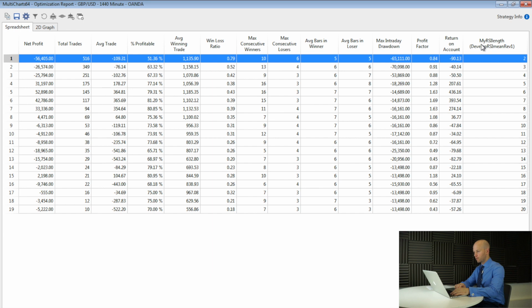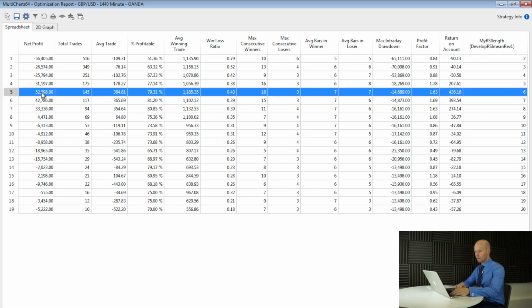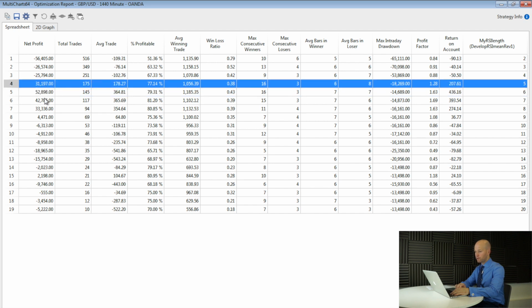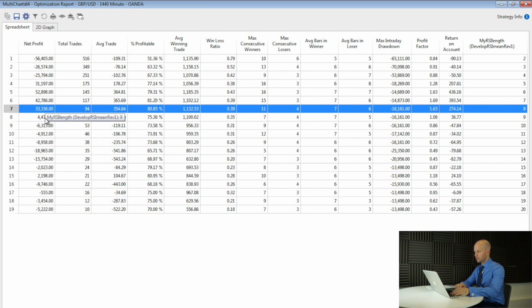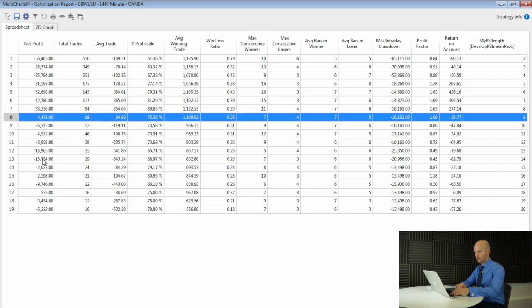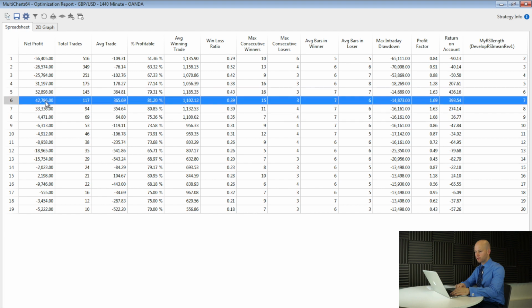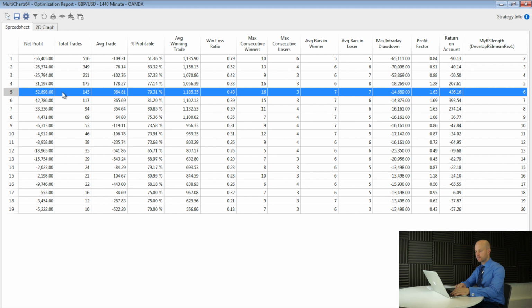So for the moment, we're just using a 3-day delay, and we've optimized for the best RSI length. Looking at the net profit numbers here, we can see immediately that the best is an RSI length of 6, and RSI 5 works, 7 works, 8 works, 9 works not very well. The rest of them don't work particularly well. The best and a fairly central level is either 6 or 7, and we're going to use 6 for this study.